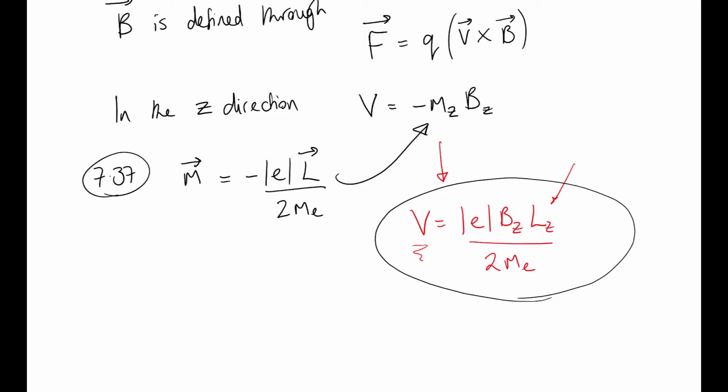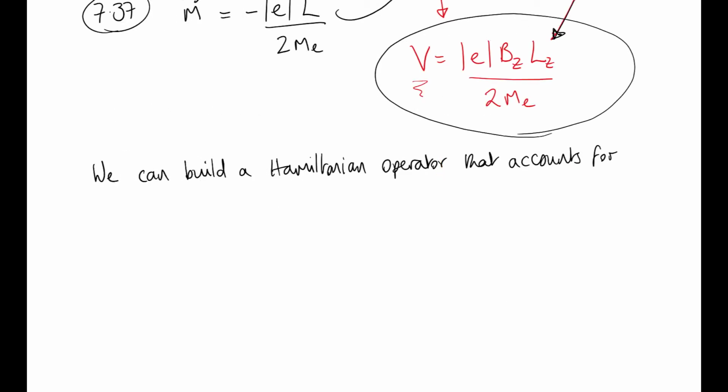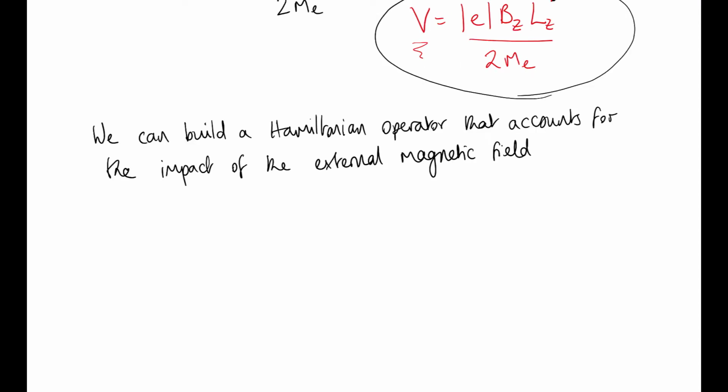What we can do is we actually replace this L sub z term with the quantum mechanical operator for L sub z. So we can build a Hamiltonian operator that accounts for the impact of the external magnetic field.